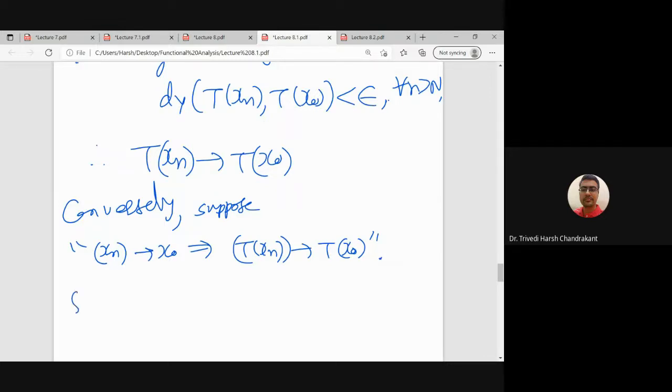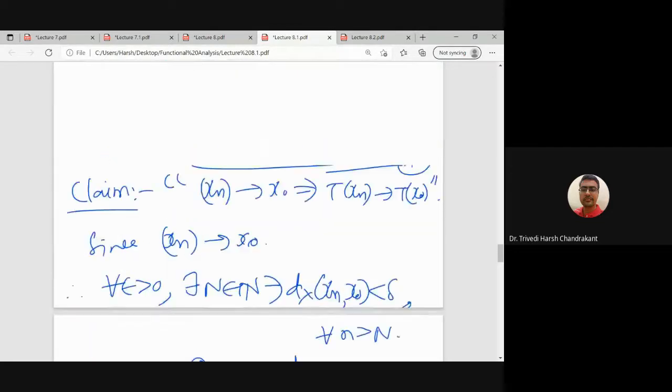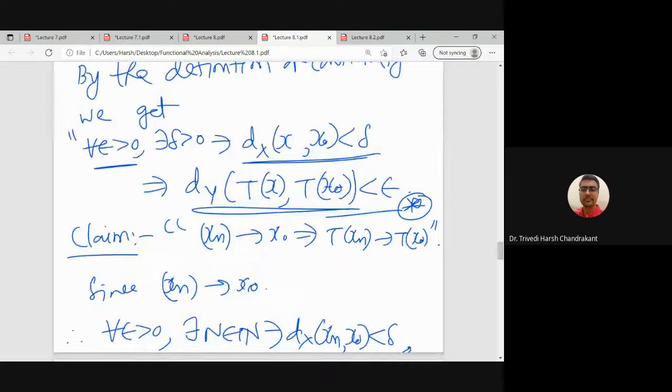So suppose star does not hold. If star does not hold, we need to find the negation of this statement. To find the negation, we replace for all by there exists, and there exists by for all, and the property will fail.